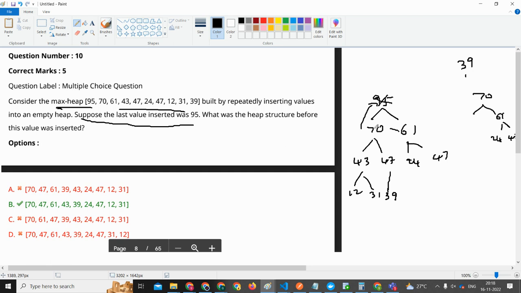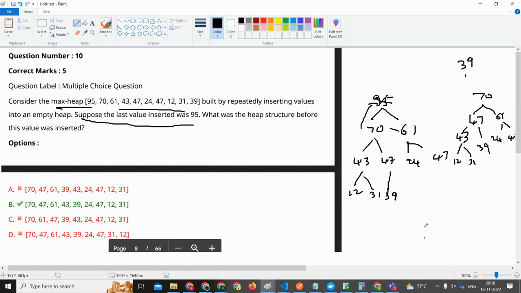So 70 is here, and since this is a max heap, 39 is here. Like we put 70 there and 39 over here, and since 47 is greater, 47 goes up. Then the left-hand side still remains the same, 31. The 39 that is popped out, that is what we have popped out.